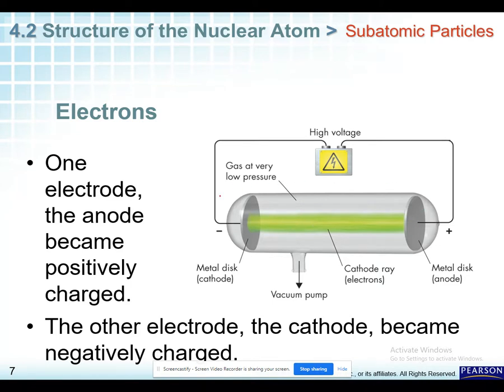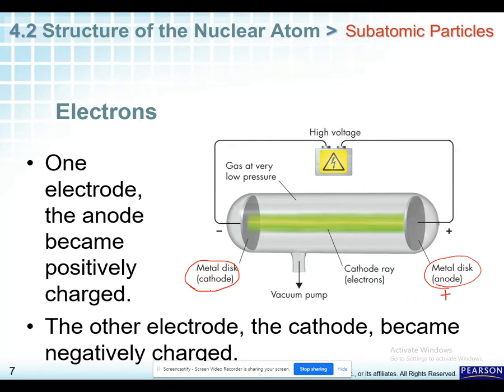Again, here he has a sealed tube. He's passing electricity through that. And then here is one electrode on one end, and here is another on the other end. Now, the way his electrodes work is one was called an anode, and it was positively charged.